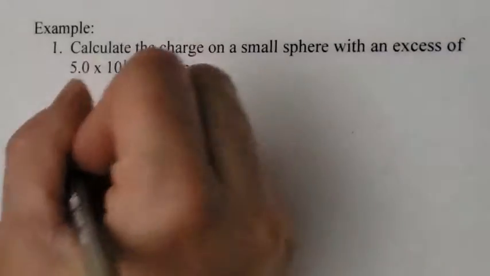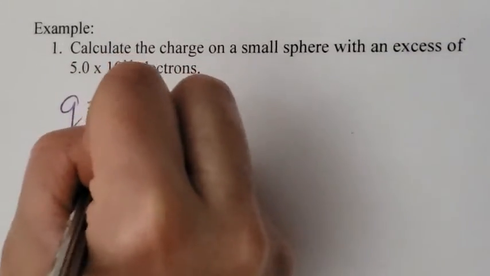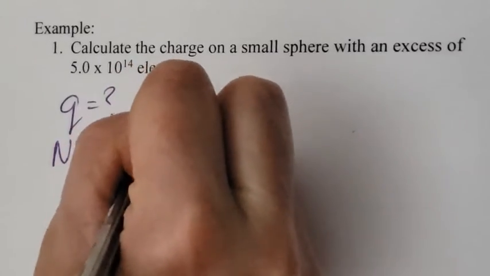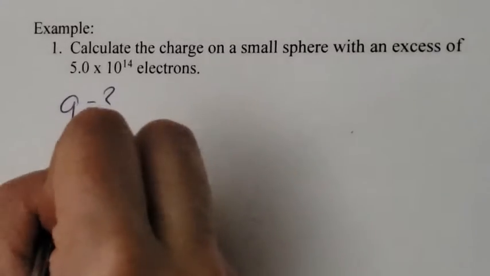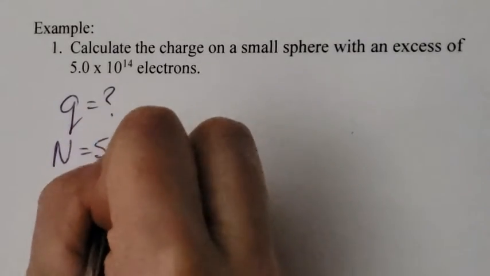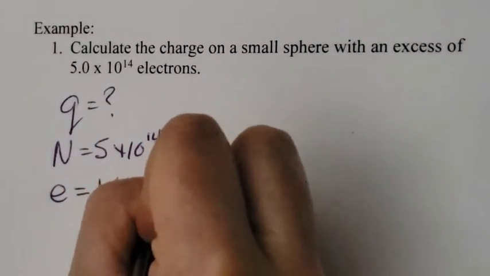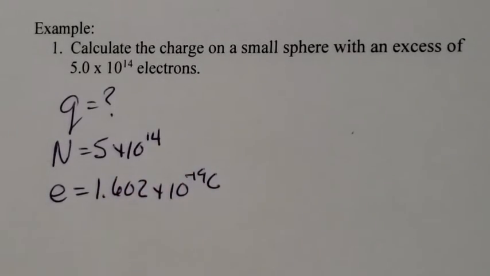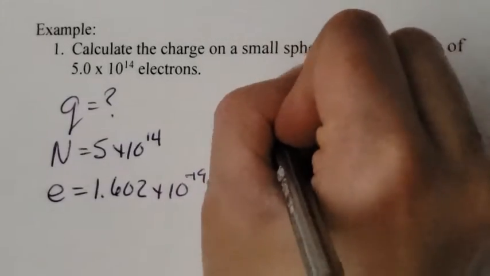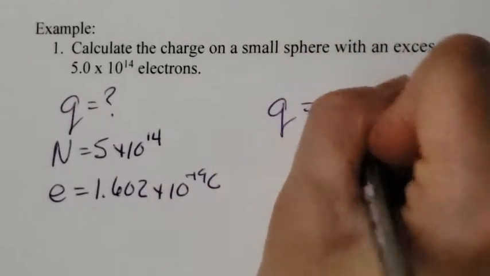The number of electrons that we've added is 5 times 10 to the 14. And we know that e is 1.602 times 10 to the negative 19 coulomb. That's the charge on one electron. So my formula is simply Q is equal to Ne.